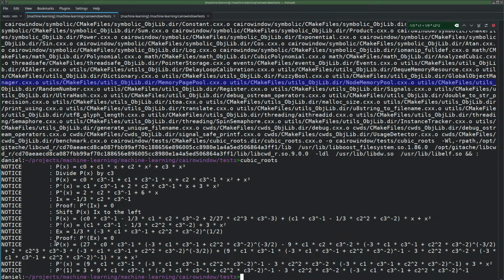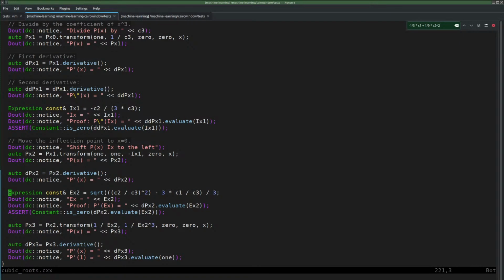And then we have this one. Did I forget to shift to the left? And here we don't say anything. Transform, here's a transform, yeah.